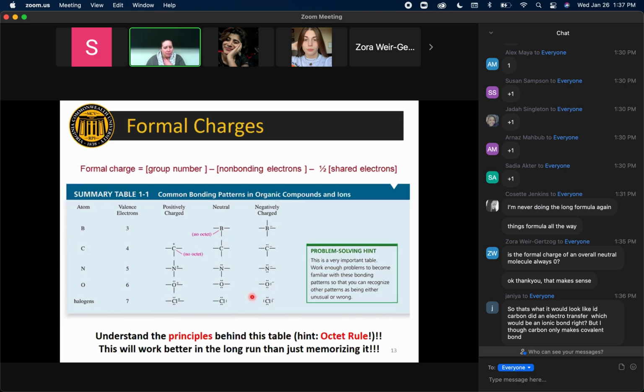I don't want you guys to memorize this table. You can memorize it, but I don't want you to, because if you think about how fast it is now that you can know the valence count 1, 2, 3, 4, 5, and know that this is neutral, no formal charge, you don't need to memorize this table, because that is brain space you can use to actually think about cooler stuff. I want you to understand how to calculate formal charges.